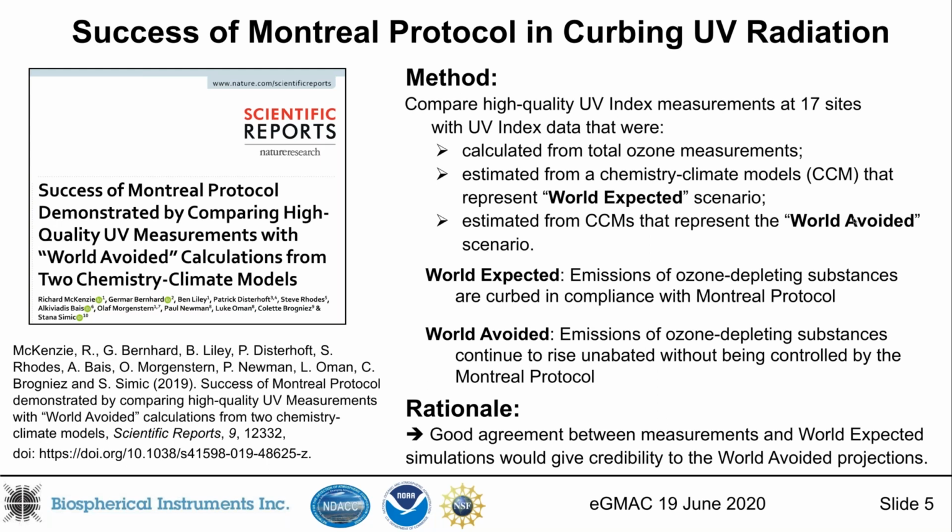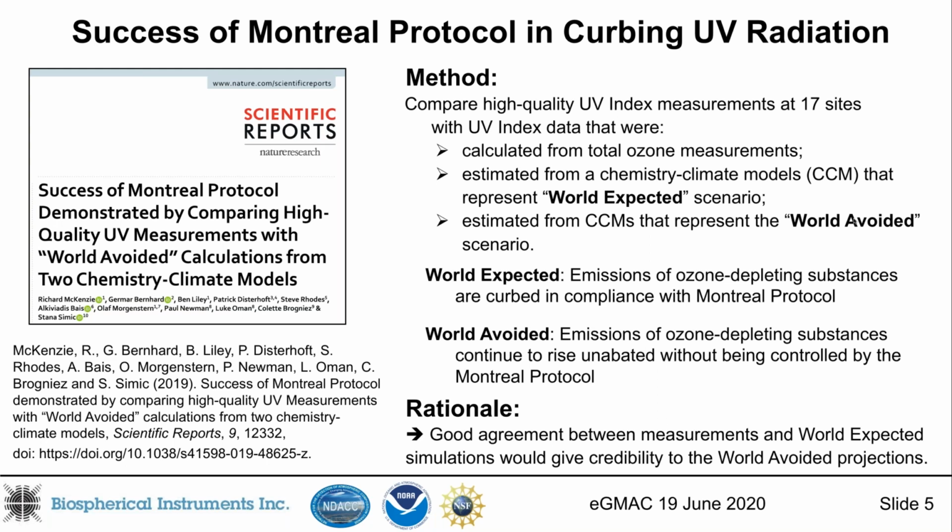World expected means that the emission of ozone depleting substances are curbed in compliance with the Montreal Protocol. The Montreal Protocol is, of course, the famous treaty that has been signed by every country on this planet to phase out substances that deplete the ozone layer. The world avoided scenario is a scenario where the emissions of ozone depleting substances continue to rise unabated without being controlled by the Montreal Protocol.